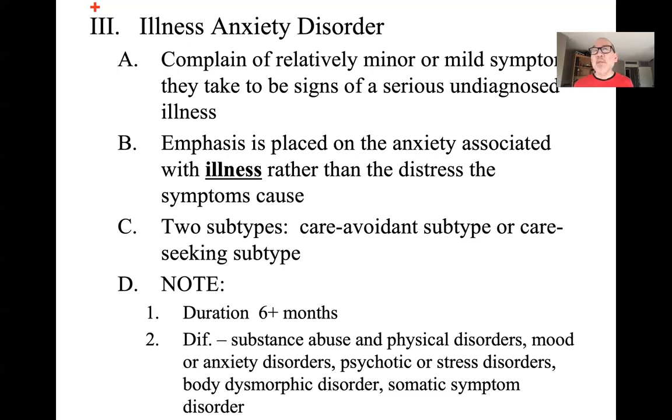Or the opposite, seeking care: they're so concerned about having cancer, they think they have cancer, that they're constantly going from physician to physician to physician. Oddly enough, it can play in opposite directions. But again, it's this obsession about having a particular diagnosis. Again, the magical number is 6 months, and you need to differentiate it from some of these other possible diagnoses.